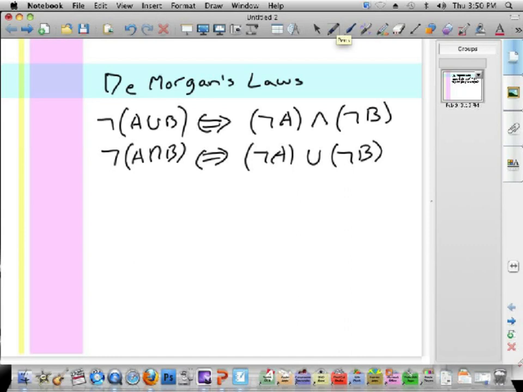Once again, you can derive this using a truth table, but once you know these laws, it really helps you simplify much bigger and larger expressions.